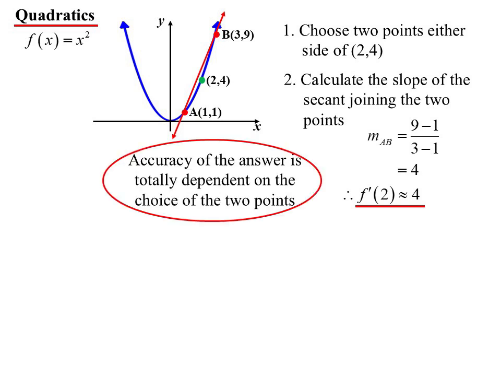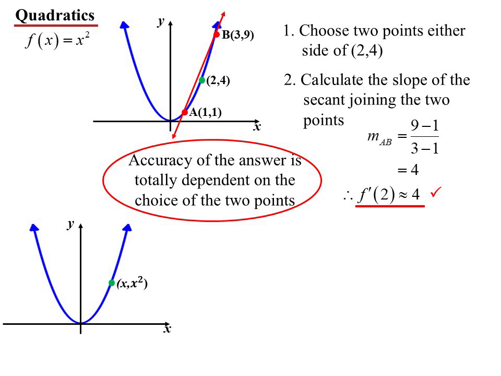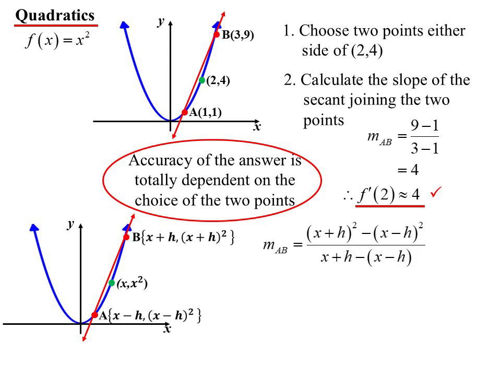Now, the accuracy of my estimate is going to just depend on where I put those 2 points. I can get good estimates, I can get bad estimates. It actually turns out that that is 100% correct. It does turn out to be 4. If I picked any point, x squared, and I'm going to pick a point either side. A is x minus some value, B is x plus some value. Then I could work out the slope of that secant.